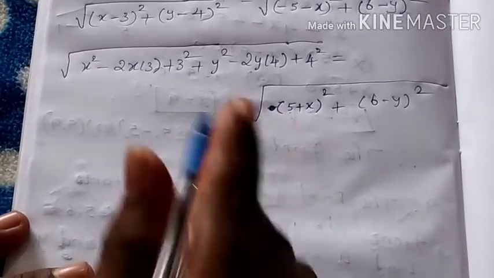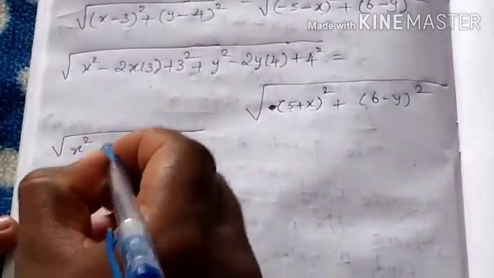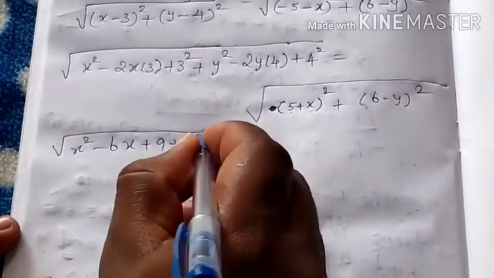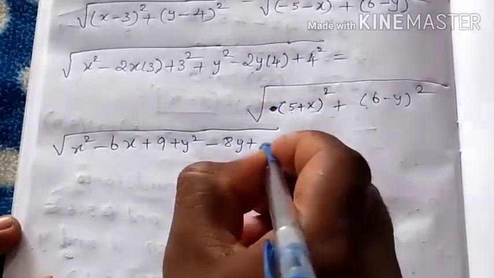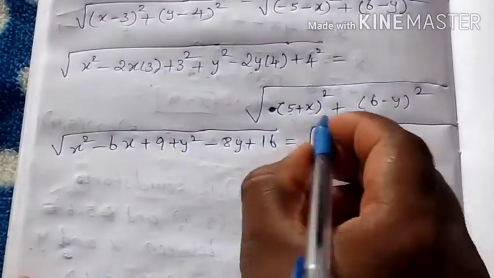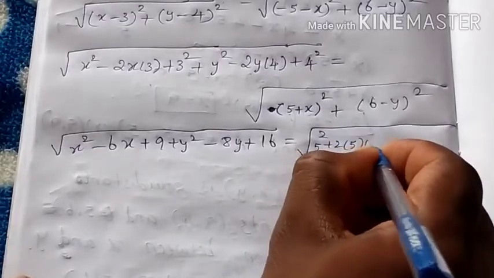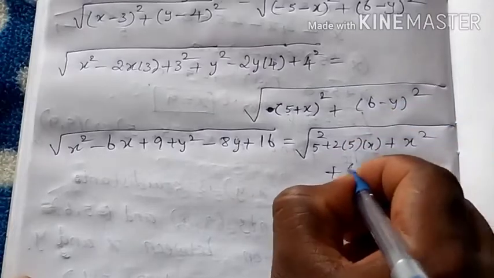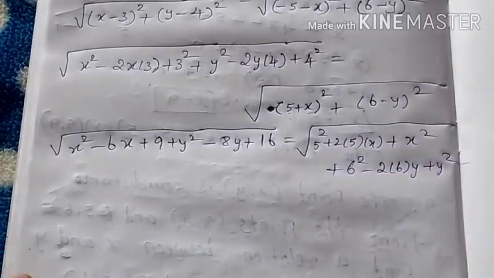And the square root of x square, 2 3s are 6, minus 6x plus 3 squared is 9, plus y square, then 2 4s are 8, minus 8y plus 4 squared is 16, which is equal to the square root of the expansion. Using (a plus b) whole square is a square plus 2ab plus b square, and (a minus b) whole square is a square minus 2ab plus b square.